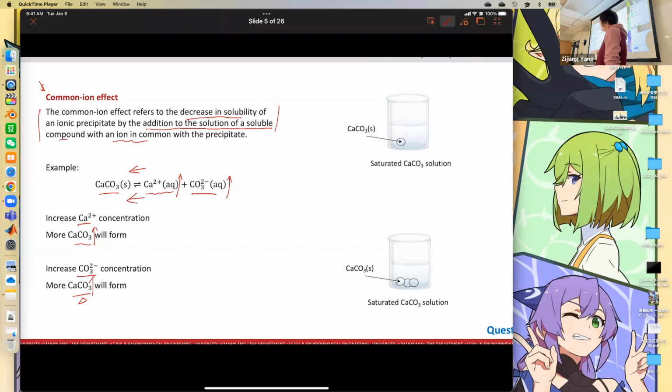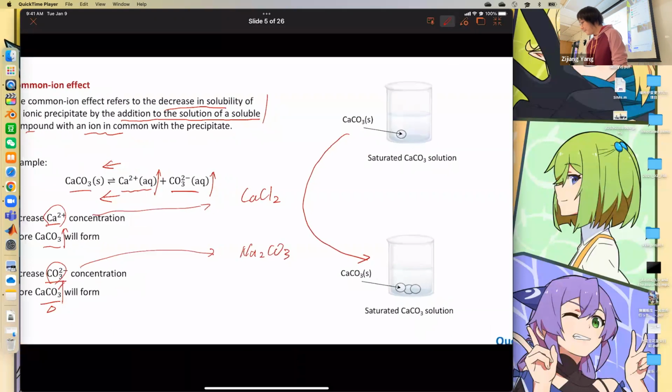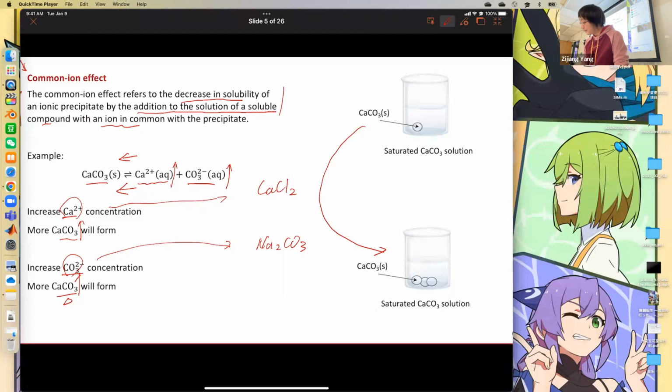But in reality, we cannot add these ions directly because of the charge balance. So we may add something like calcium chloride, or for the carbonate, we may add sodium carbonate. We add this to the solution, and the chemical equilibrium will go in this direction.